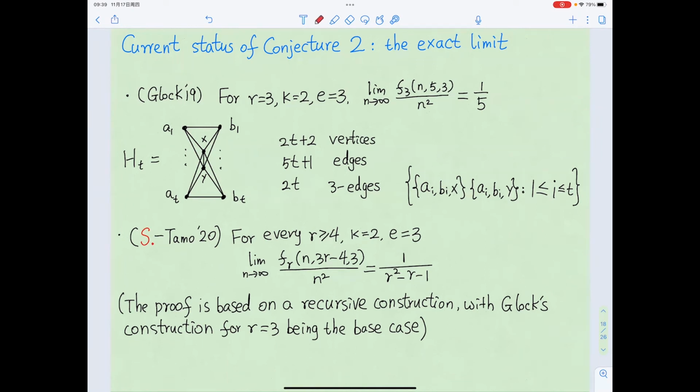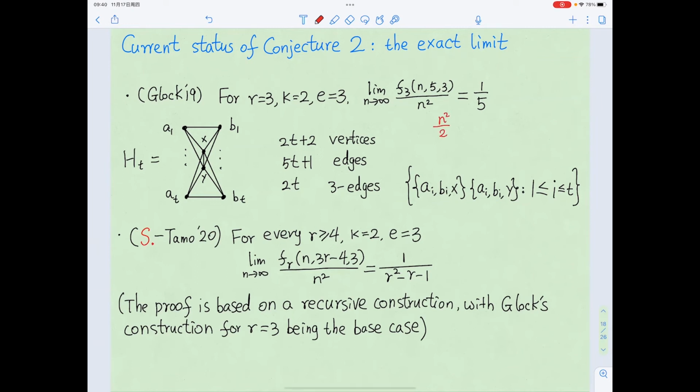We can also do the calculation. How do we get this lower bound 1/5? Consider an H_t packing in a complete graph on n vertices. The number of edges is roughly n squared over 2.